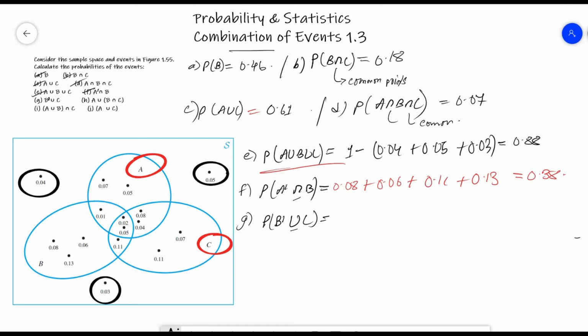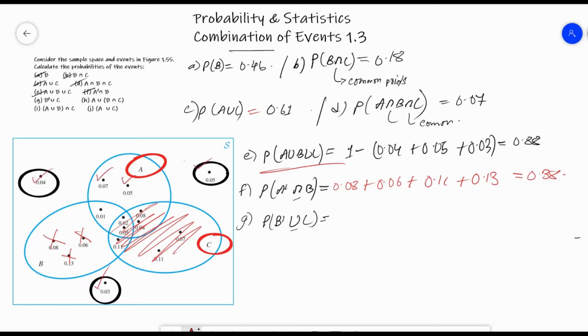So for this one, we can take all the elements that exist in C. So if we mark it here, we'll take all these elements for sure because they exist in C, and we'll cancel the elements that exist in B. These are crossed, and we have to take all the remaining elements.